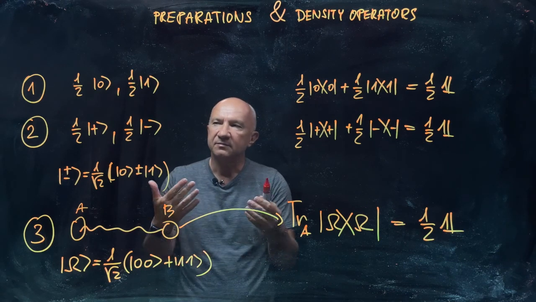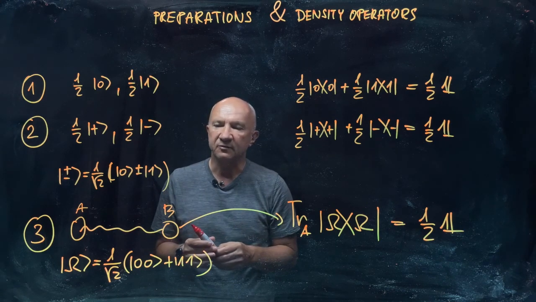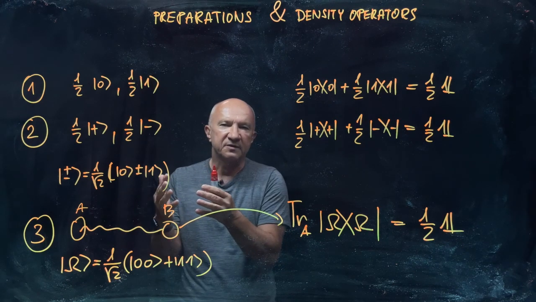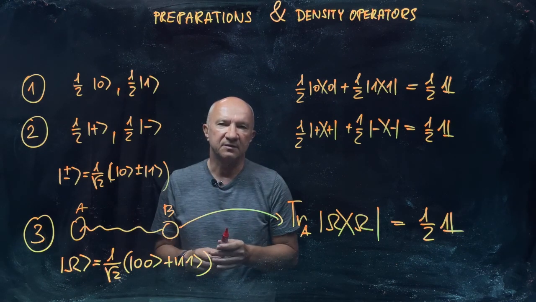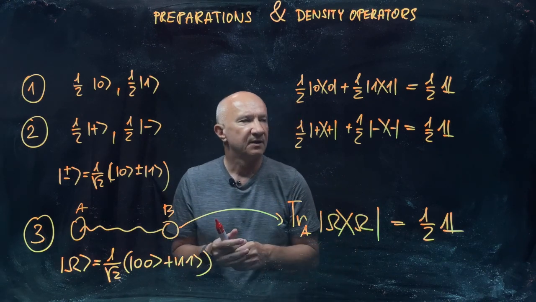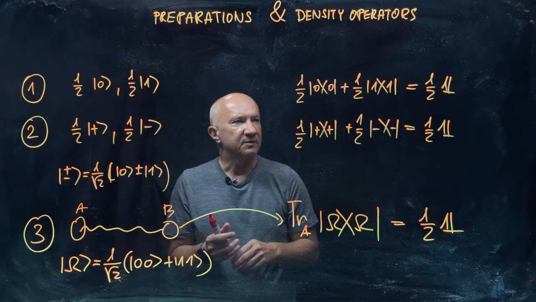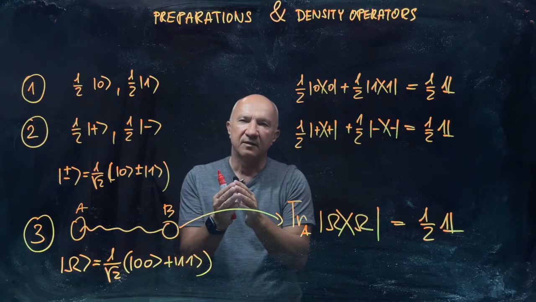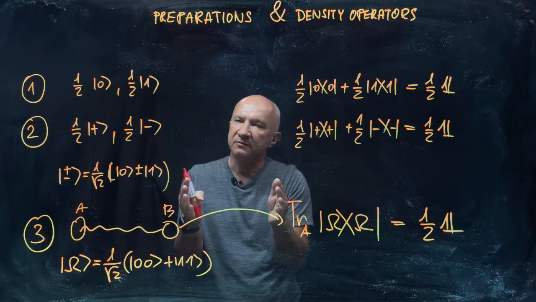That's actually a very important thing to know and to remember, that different preparations can lead to the same density operators. The density operator is some kind of a weird mix of both a real factual situation about the state, whether it's state 0 or 1, plus your knowledge of which one it is.